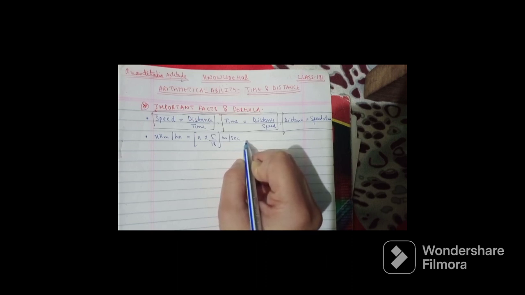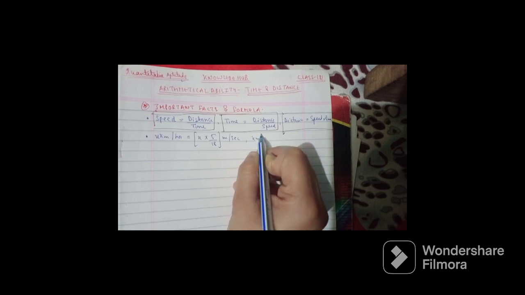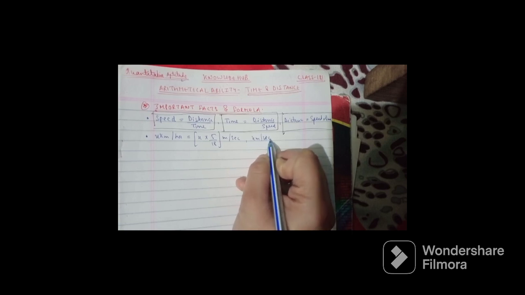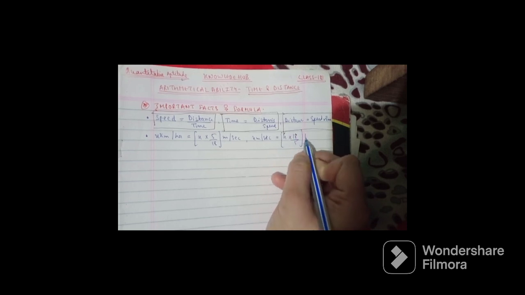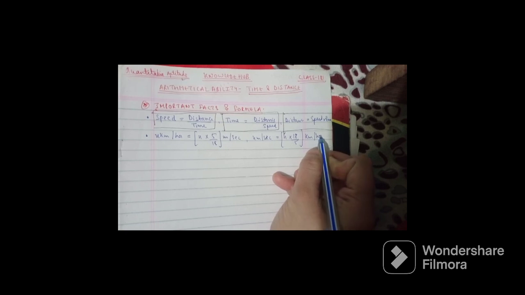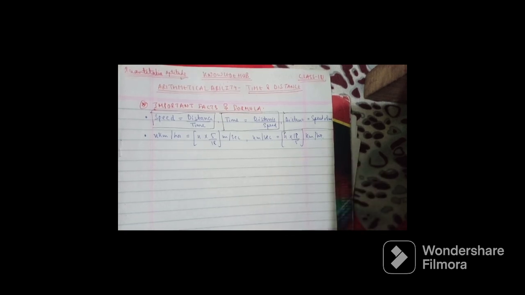If x meter per second is given, it will be x into 18/5 kilometer per hour. These were the two conversions, and you also have to remember this.